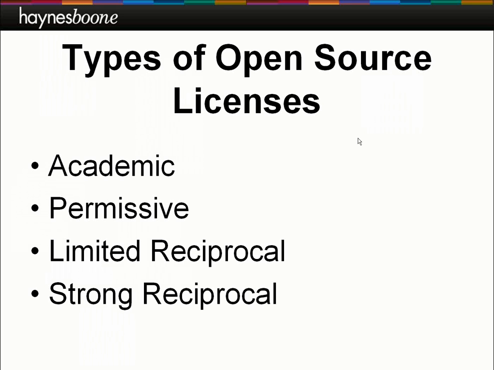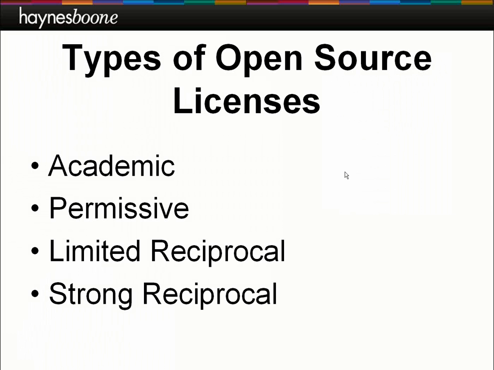Now, the difference between limited reciprocal licenses and strong reciprocal licenses is this. You can, under certain circumstances, use limited reciprocal code with proprietary code and not have to apply the reciprocal license to the stuff that you wrote.